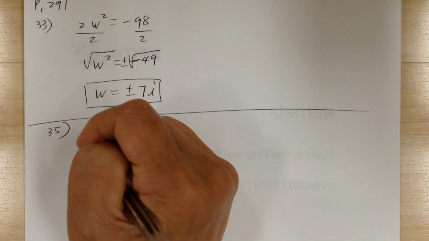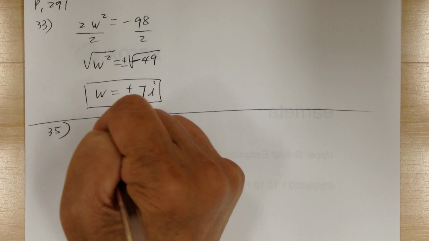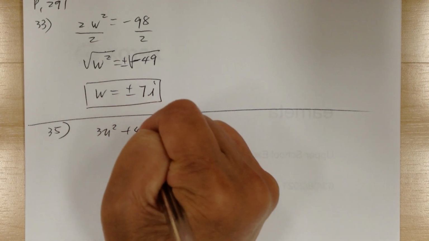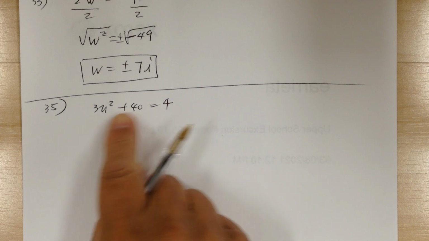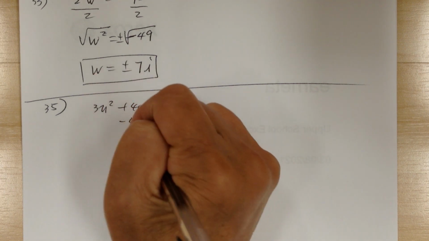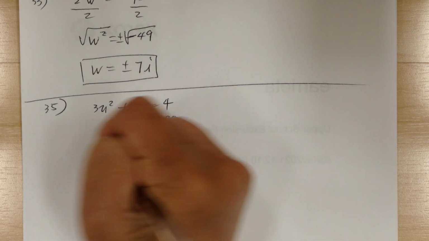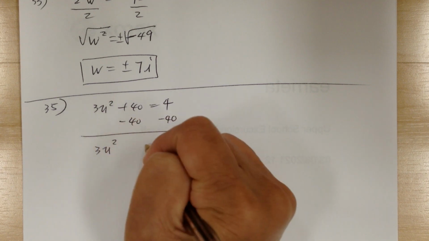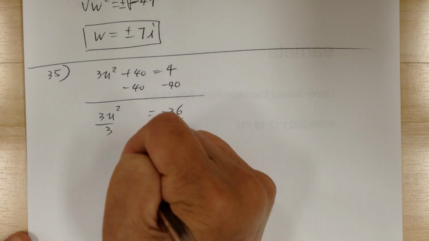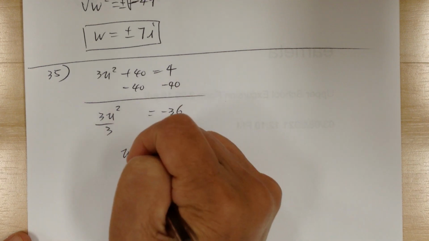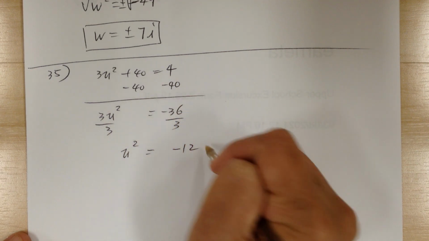Okay, number 35. You got 3u squared plus 40 equal to 4. Okay, so again, I need to get rid of all the stuff. So minus 40 on both sides. So you got 3u squared equal to negative 36. Divide by 3. Divide by 3. So u squared equal to negative 12.